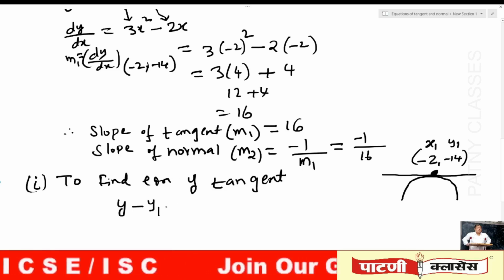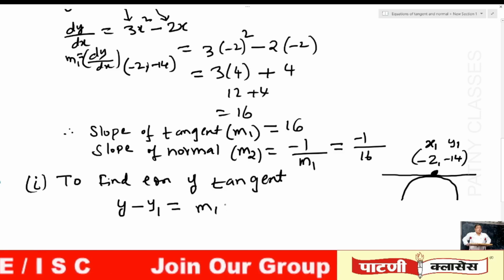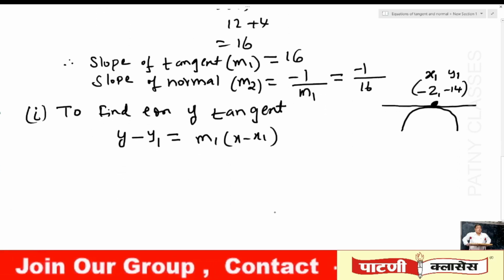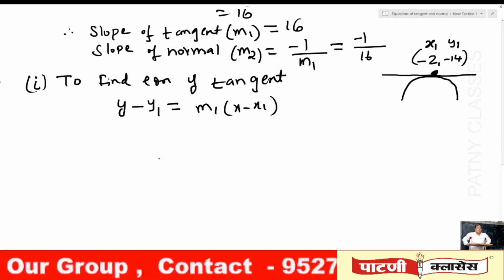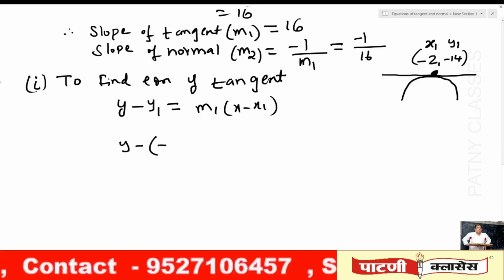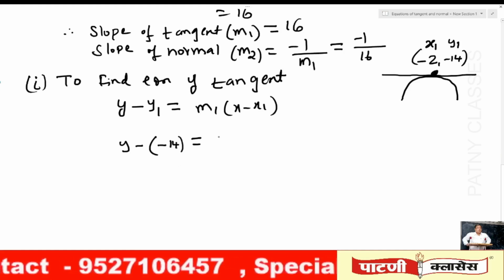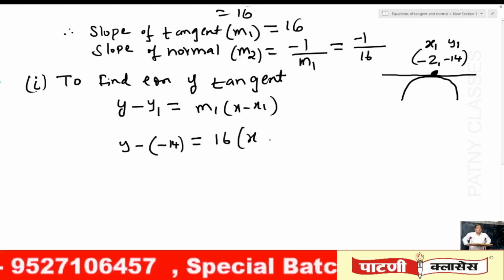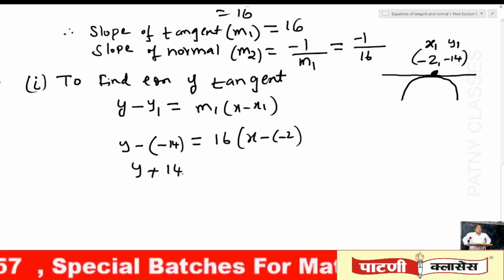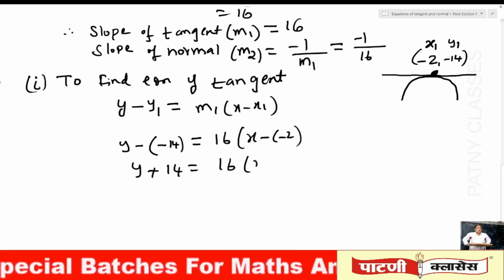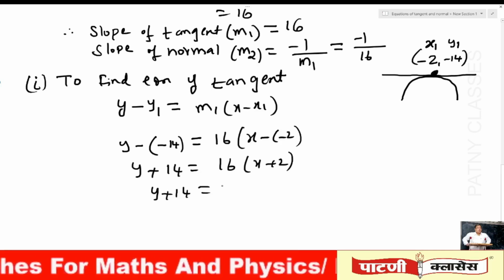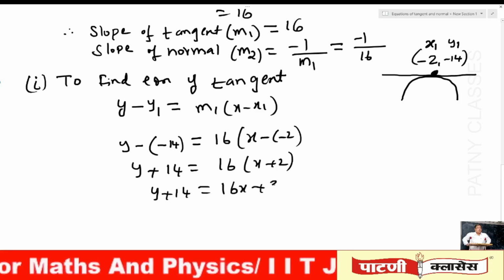So y minus y1 equals m1 times (x minus x1). This formula gives the equation of tangent. So y minus, be careful when minus is there, minus 14, and m1 is 16, x minus minus 2. So y plus 14 equals 16 times (x plus 2). Open the brackets, and it becomes like this.